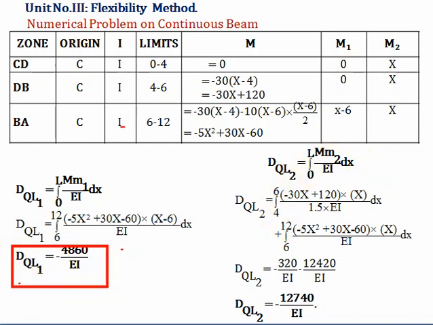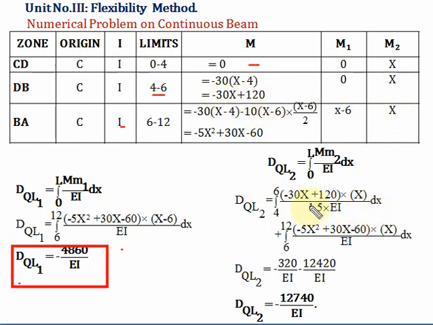Then we'll find out the value of delta_k_L2 equal to integration 0 to L of m into m2 upon EI into dx. So here, as it is 2, it should be m into m2. So for the first term it is 0, for the second term the limits are 4 to 6. Okay, the value of m is minus 30x plus 120, into x.